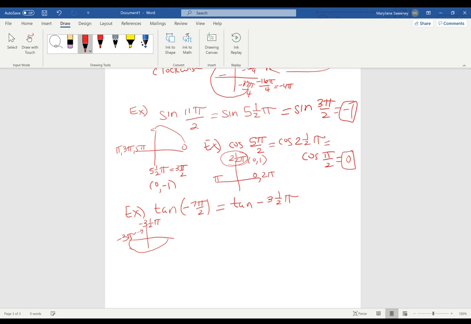You go another half of pi. So that's the same as tan of pi over 2, right? Because on your unit circle, it goes 0, pi over 2, pi, 3 pi over 2. This is 0, 1. Tan we know is sine over cos, so that's undefined.